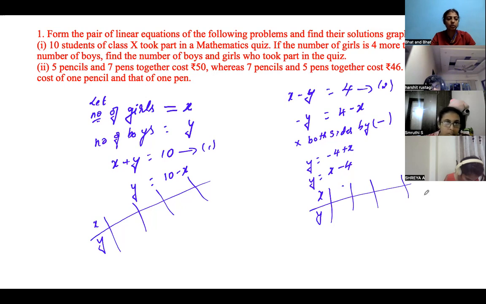You can take any value. See, whatever value you take, when you put it in this equation, you should not get a fraction. You should get a whole number. That is the technique. Like that, you have to choose the number for x.